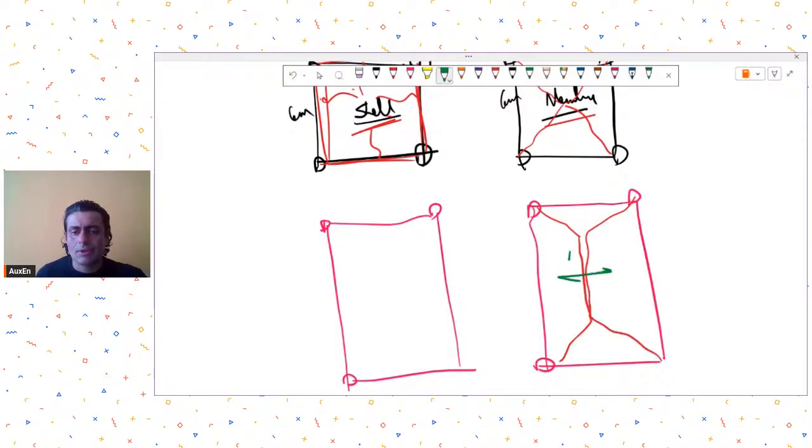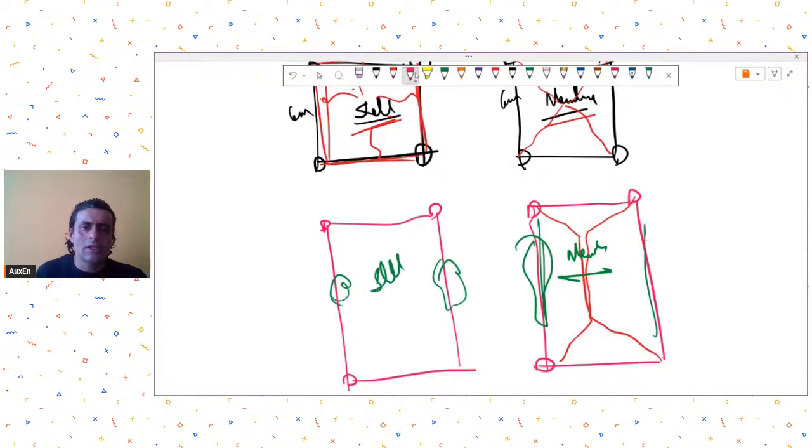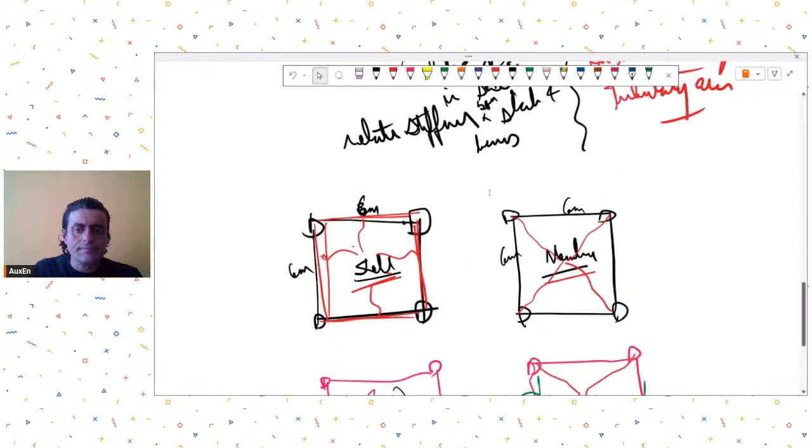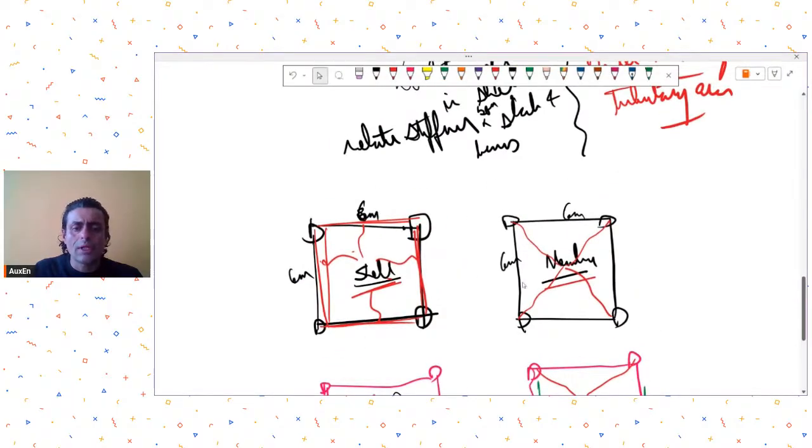This was membrane. So here you will see large variation in these long beams as compared to the case where you have modeled it as a shell, because in shell the distribution is still happening on the basis of relative stiffnesses. So in these cases you will see greater differences when you compare shell with membrane. But if your aspect ratio is closer to 1, you won't see much difference between shell and membrane.